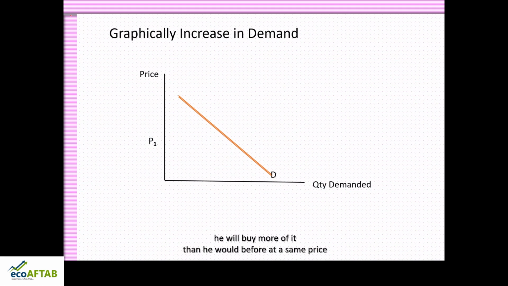So here, according to law of demand, the consumer is at P1, somewhere at this particular point he will be in equilibrium and his quantity demanded will be somewhere at this particular point. But what he is telling, he will buy more of it at the same price. So at the same price he is buying beyond quantity Q1. So this is the line telling us that he is buying more of it.